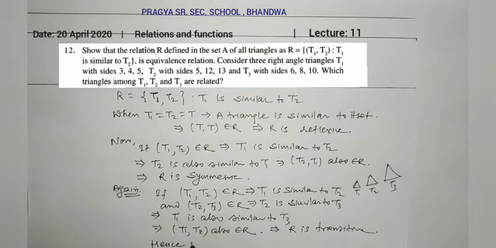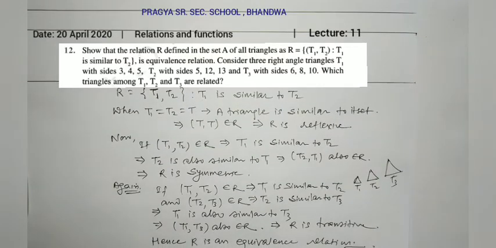Hence R is an equivalence relation, because it is reflexive, symmetric and transitive. So R is an equivalence relation.